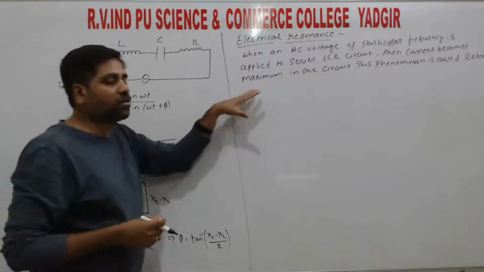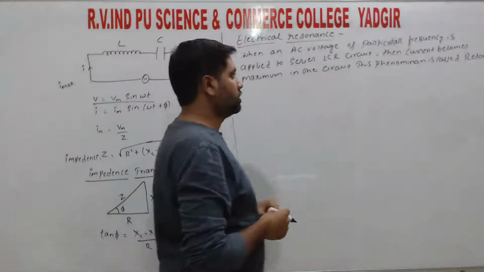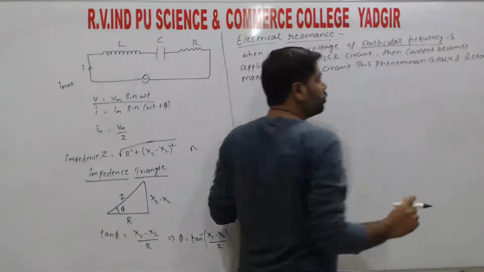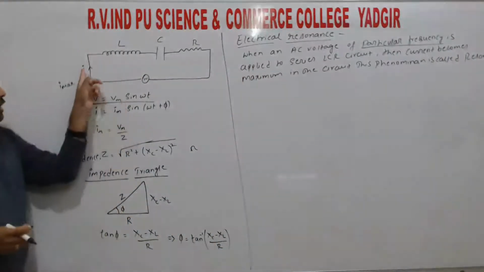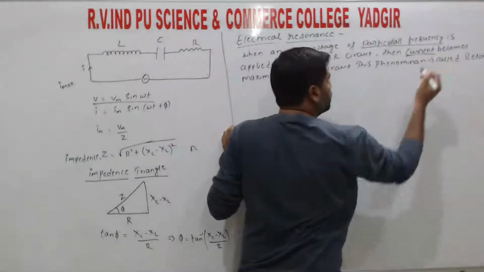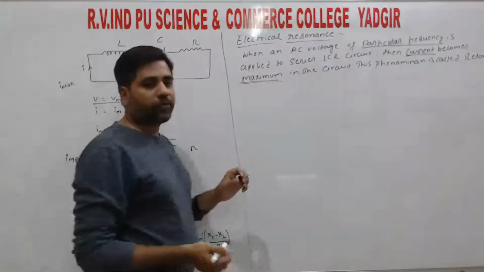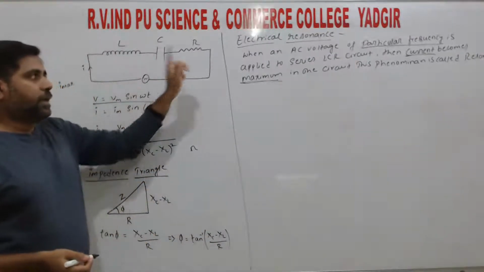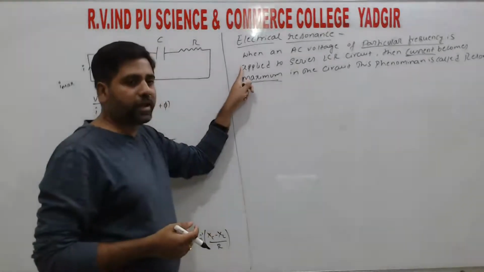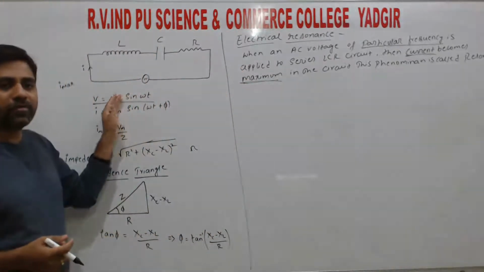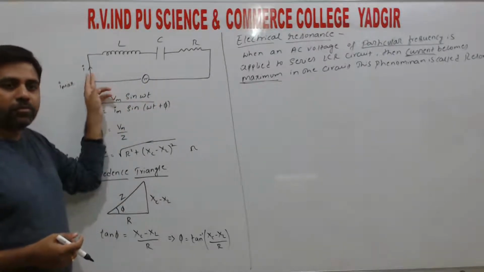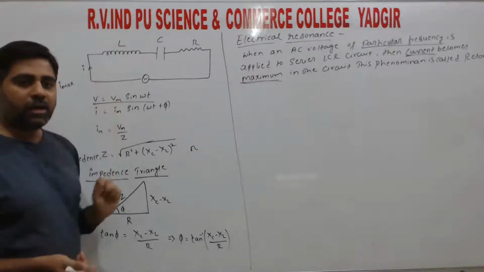That condition or phenomenon we call resonance. For some particular frequency, the current flowing in the circuit becomes maximum, and that phenomenon we call electrical resonance. So the definition: when an AC voltage of a particular frequency is applied to a series LCR circuit, then the current in the circuit becomes maximum. This phenomenon we call electrical resonance.